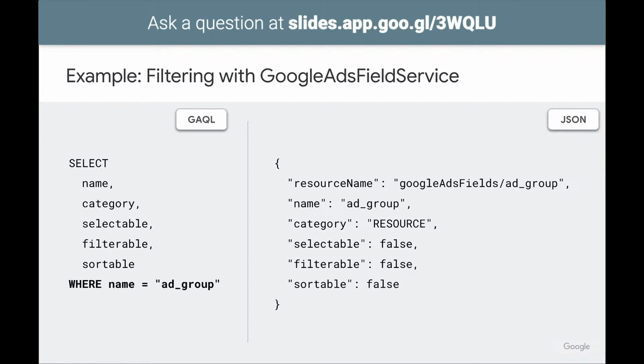We do so by saying select name, category, selectable, filterable, sortable, and we filter by saying where name equals ad_group. Now instead of getting a full results array of every single field available in the Google Ads API, our results array will only include this one field because there is only one resource with the name of ad_group.